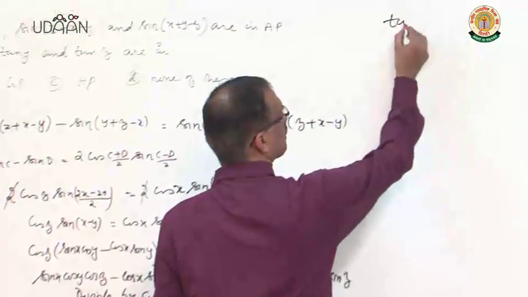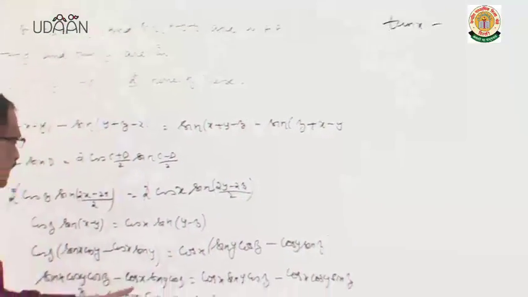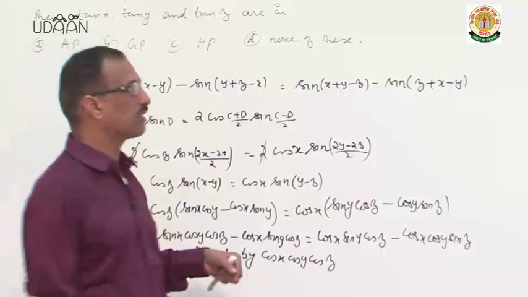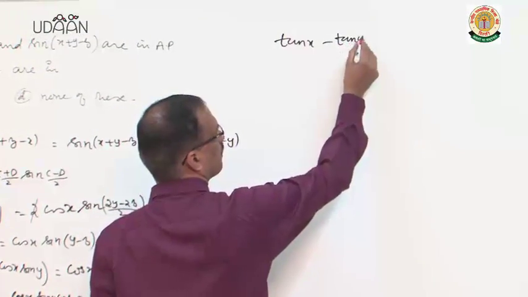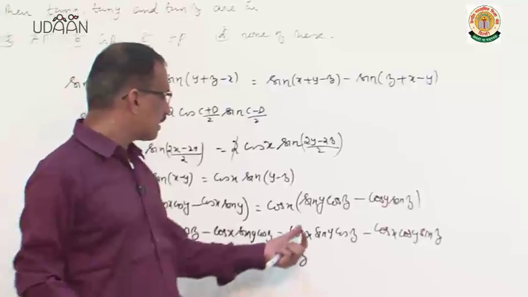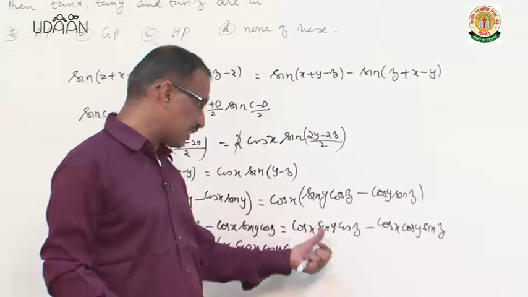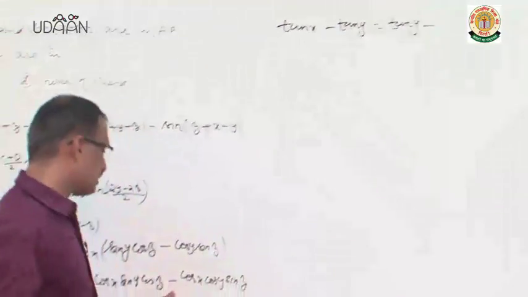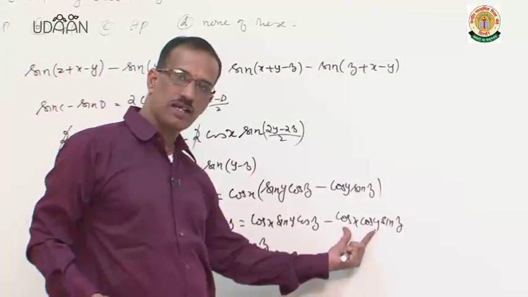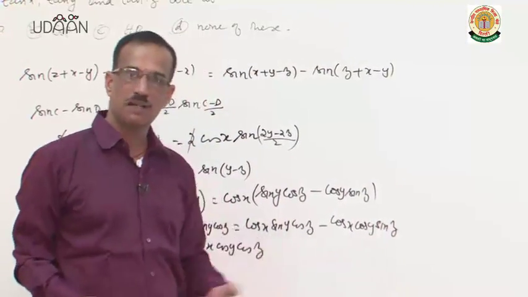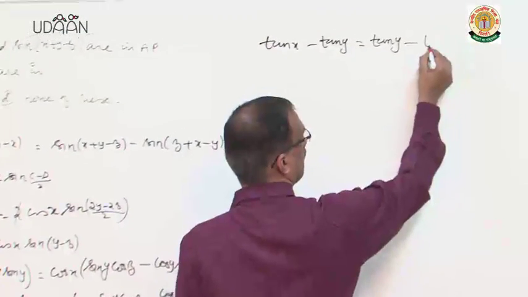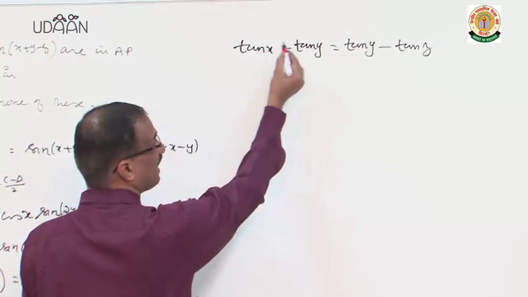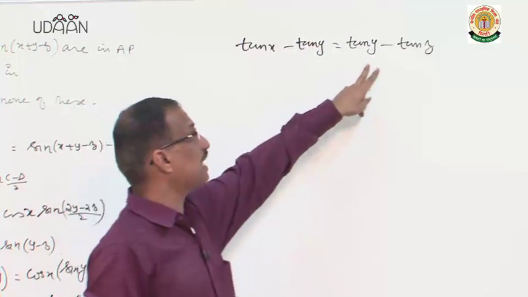So tan x minus, next cos x and cos z cancel, sin y by cos y, that gives us tan y, equals tan y minus, here cos x and cos y cancel, so sin z by cos z, that gives us tan z.